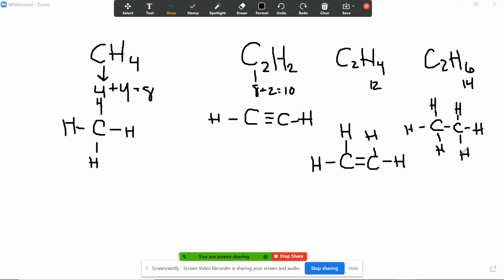If we were to have an open response and I were to ask you guys which compound, C2H2, C2H4, or C2H6 do you think has the strongest carbon-carbon bond? I would really love for you guys to remember that bond length equals bond strength. When you have a triple bond, you have 3 pairs of electrons being shared by 2 atoms.